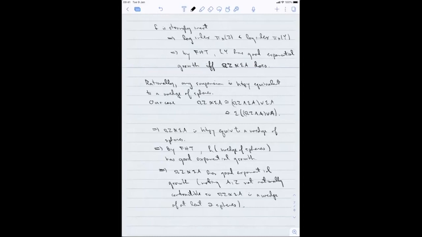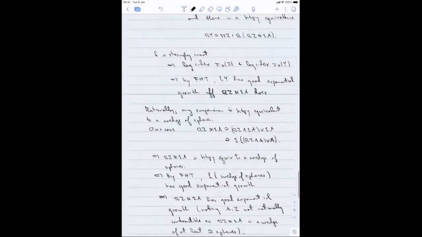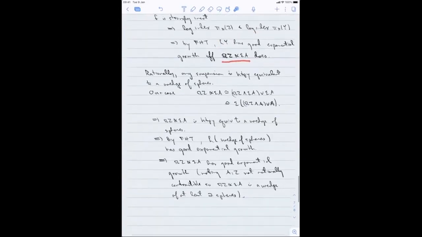And that does it, right? We had the strongly inert condition gave this comparison on log indices, which says that the space that we want to have good exponential growth does, if and only if this space does. And then it's easy to show that that one does because it's a wedge of spheres, and we know the result there.